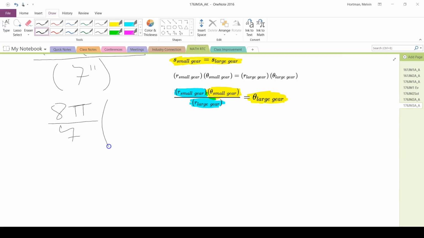So we can take this radian measurement and multiply it by 360 degrees over 2 pi. And here we would get, let's see, 8 and 2 would go to 4.